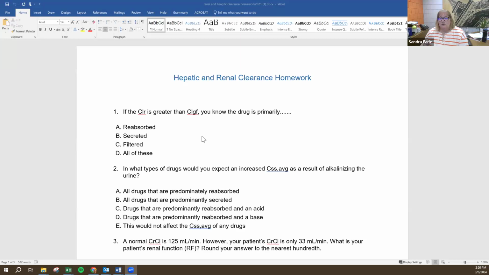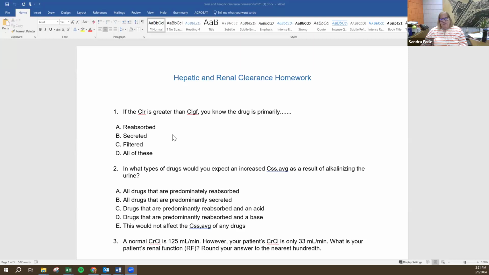Because you've got to be able to compare filtration clearance to renal clearance and figure out what the predominant process is. Because then that allows you to determine what drug and disease interaction you might have, right?